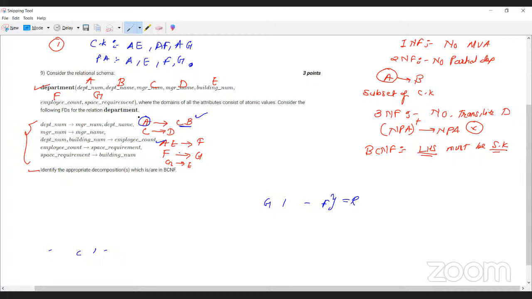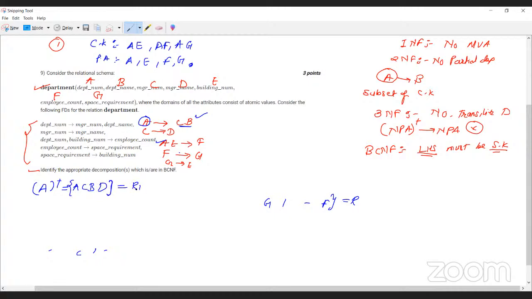Now in order to make this relation 2NF, I have to decompose it and take the closure of the left hand side of the functional dependency. If I take the closure of A, I will get A, C, B, and from C, I will get D. So I will make this relation R1.